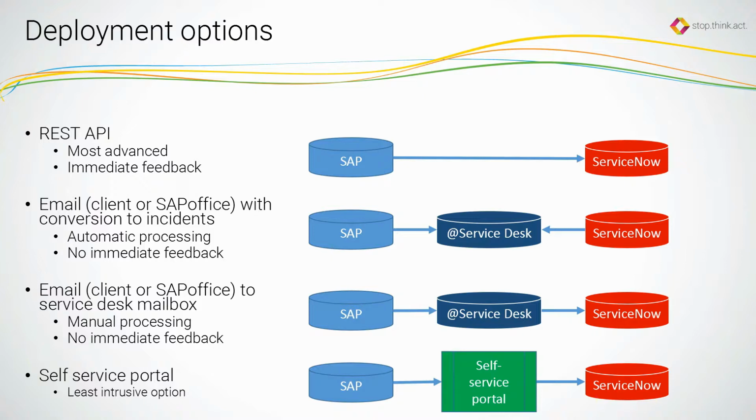It's just easier, and you get all extra information as attachments. This is the least intrusive option regarding your business processes, your support processes, but a few features are not available if you choose this one. Today I will show you all, but mostly the REST API-based integration.